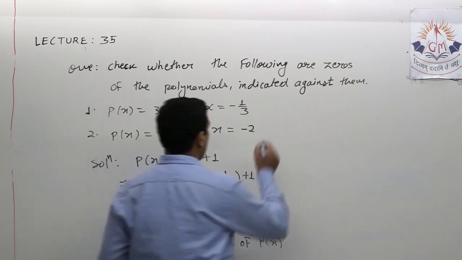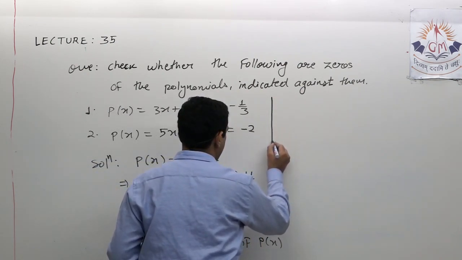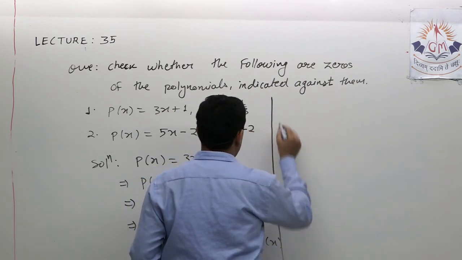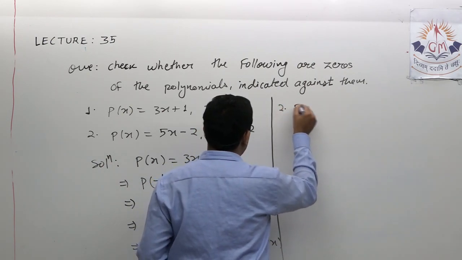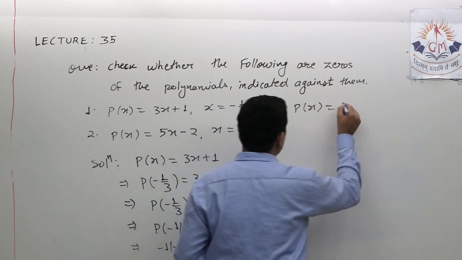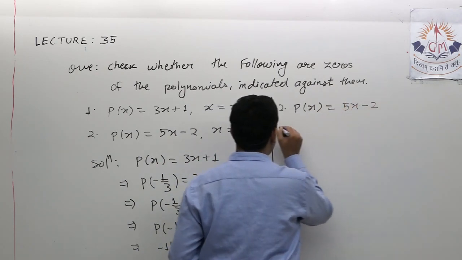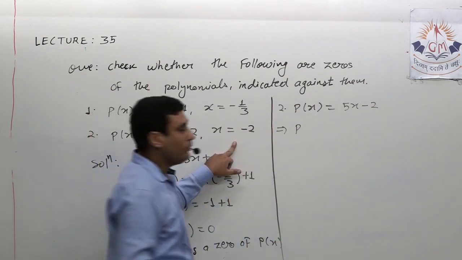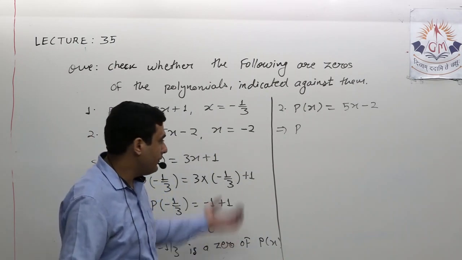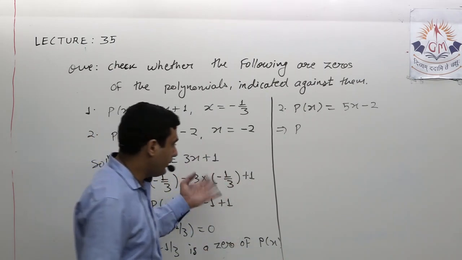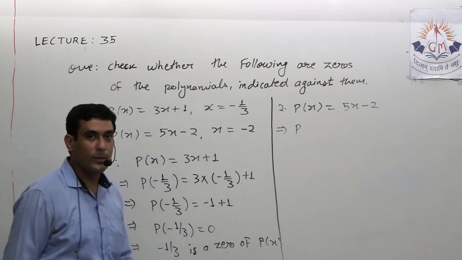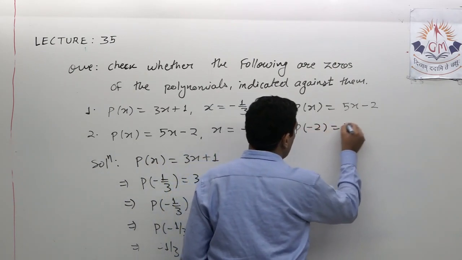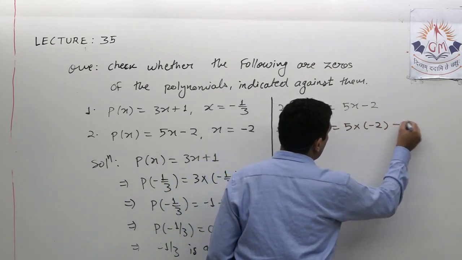Okay, now let us see the next one. Second one, we have p(x) is equal to 5x minus 2. So, over here we have to check whether minus 2 is a zero of the given polynomial or not. However, these questions can be done orally, but I am giving you the format so that if you get this type of question in 2 marks or in the subjective part, you should know how to write. So, p of minus 2, 5 into minus 2 minus 2.